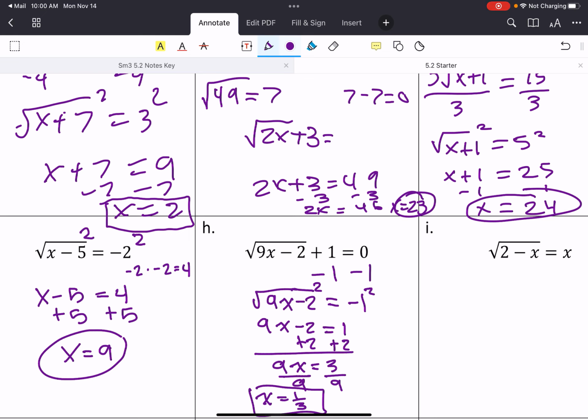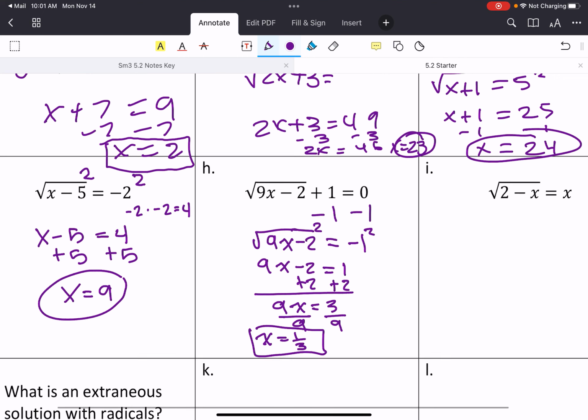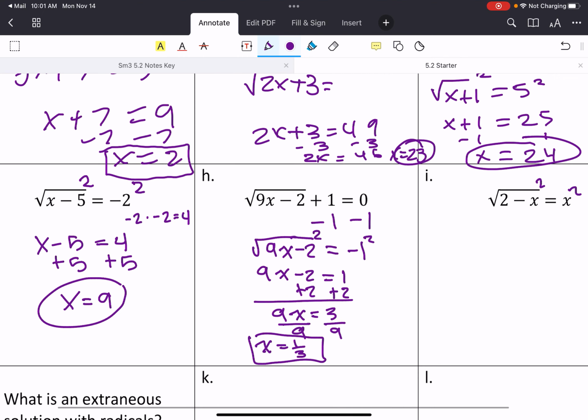Yeah, because then x squared plus x. I'm just going to go square, square.